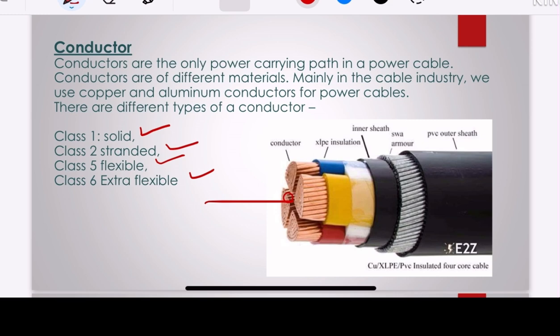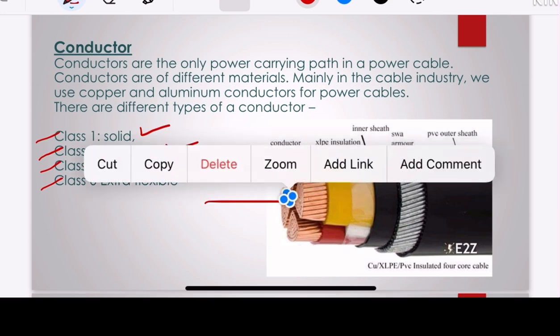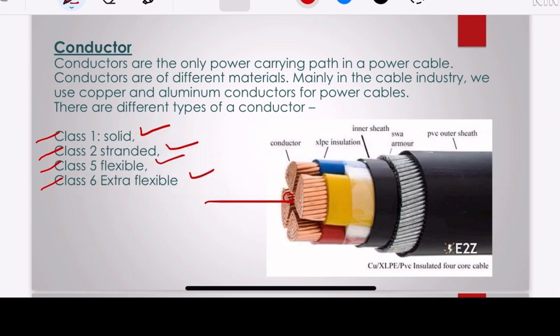So we can classify the cable based on the conductor construction, that is class 1, class 2, class 5 and class 6. Suppose someone asks which class of conductor a cable has, then we have to analyze the conductor of this cable to know which class it falls under. So let us understand what class 1, class 2, class 5 and class 6 are.